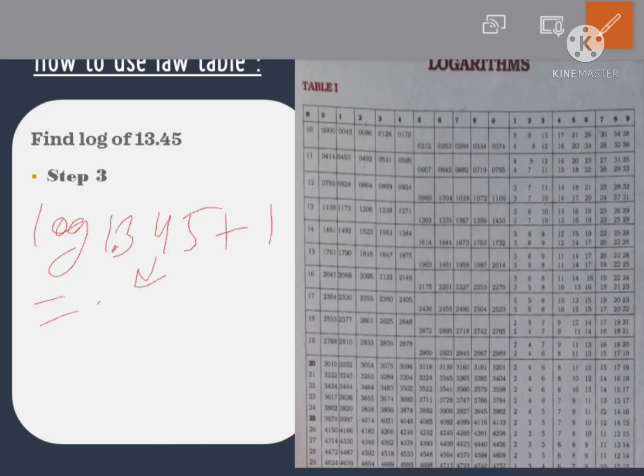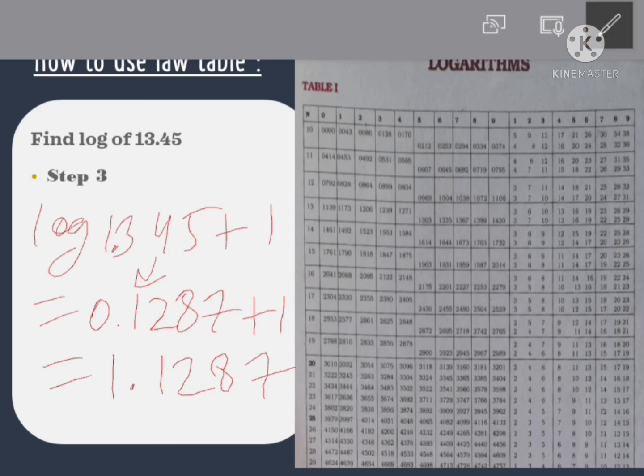This value is 0.1287, plus 1, then I get 1.1287. And whatever value we find from the log table should be after the decimal. So I got 1.1287 as the value of log of 13.45.